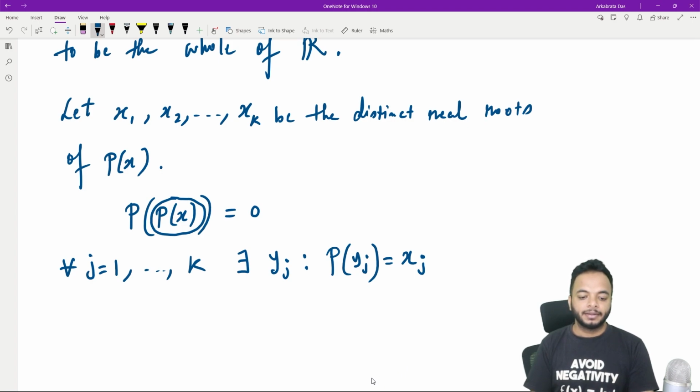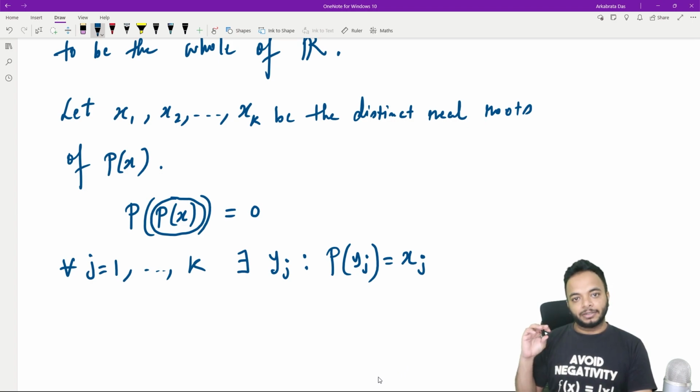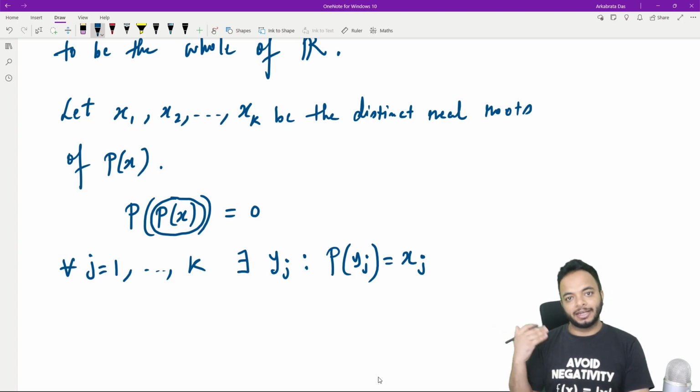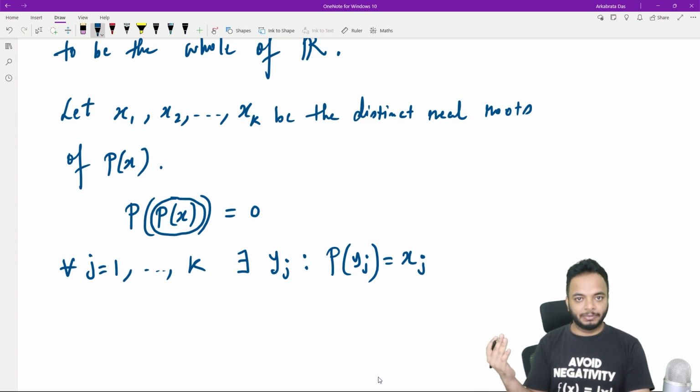At y1, the polynomial p(x) will take the value x1, because the polynomial takes every value in its range, and x1 is there, so there has to be some value y1 for which x1 is attained, and then y2 for which x2 will be attained, and so on till yk for which xk will be attained.